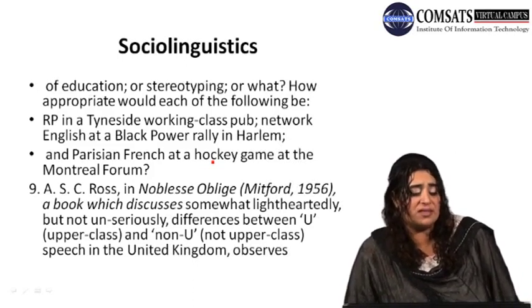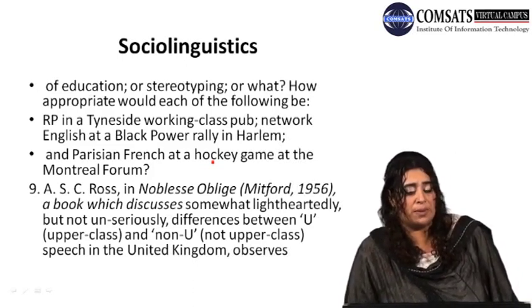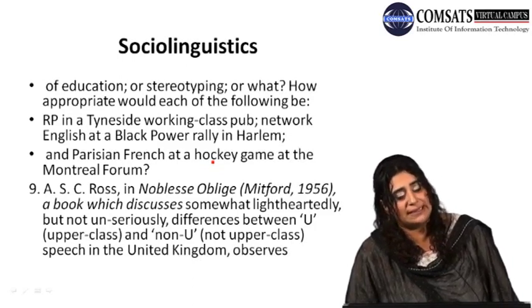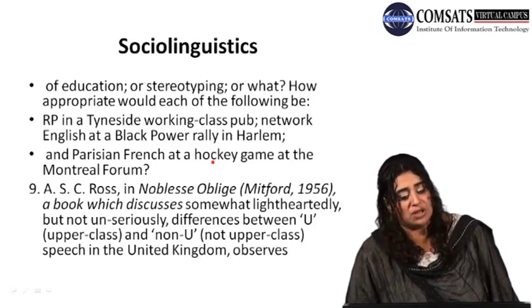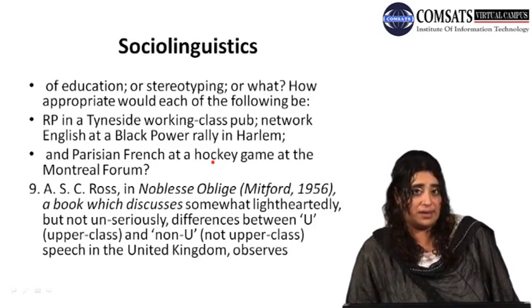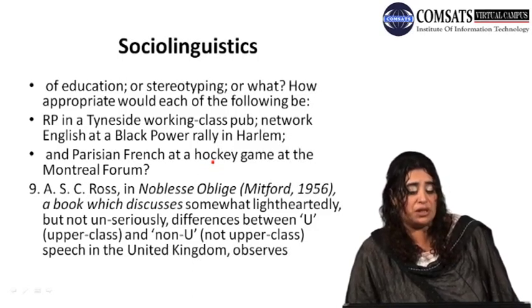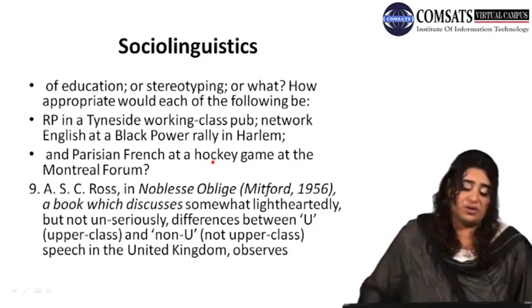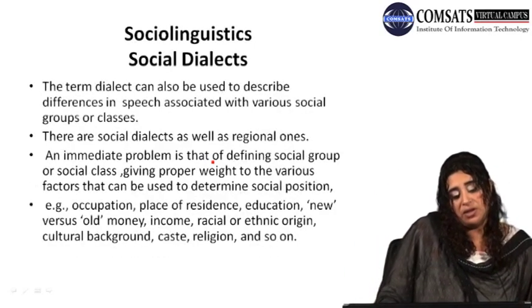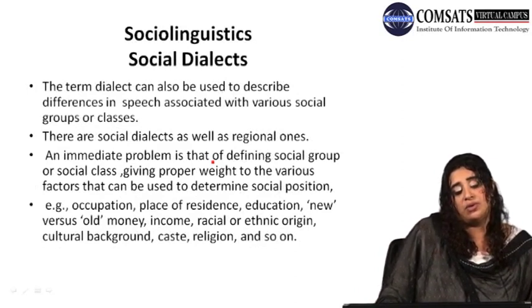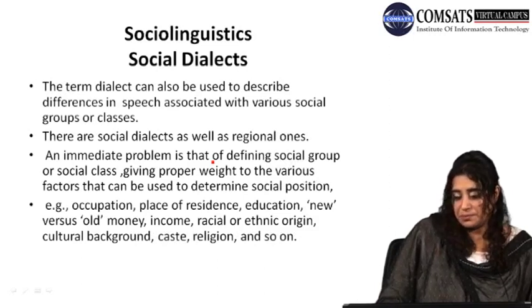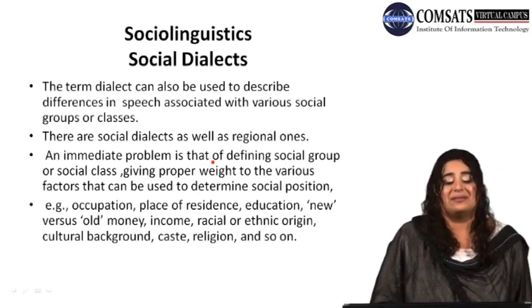A.S.C. Ross, in Noblesse Oblige, 1956, wrote a book which discusses somewhat lightheartedly, but not unseriously, differences between U, upper class, and non-U, not upper class, speech in the United Kingdom. He observes the term dialect can also be used to describe differences in speech associated with various social groups or classes.